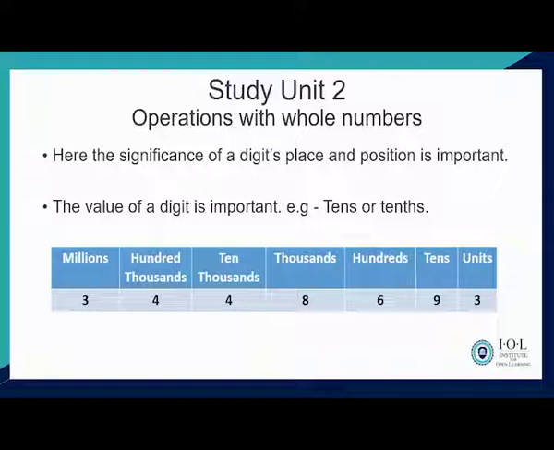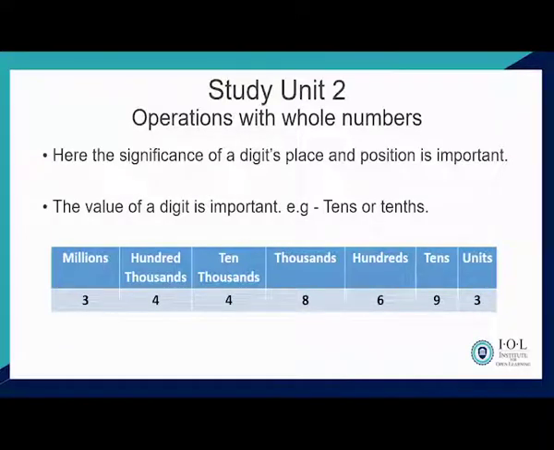Study Unit 2. Operations with whole numbers. Here the significance of a digit's place and position is very important. The value of the digit is important. Example, tens or tenth. Let's have a look at that one. Millions, 100,000, 10,000, thousands, hundreds, tens, and units. If I ask you, what is the value of tens?